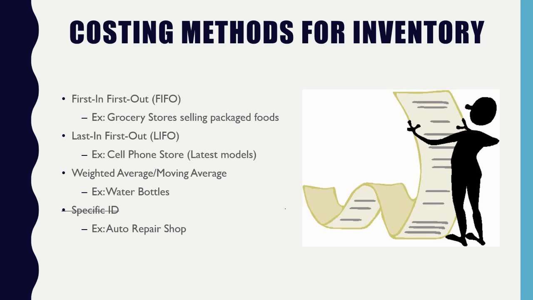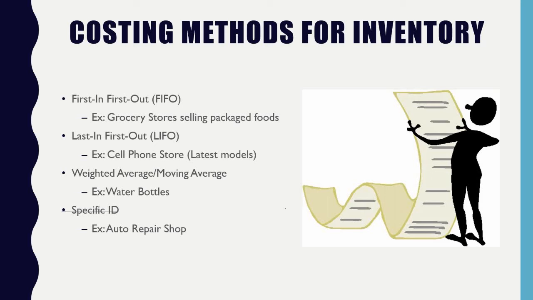You're going to sell the latest model because it's the greatest, and everyone wants the latest model. They don't want the older model, because technology gets more advanced every time you create a new product.